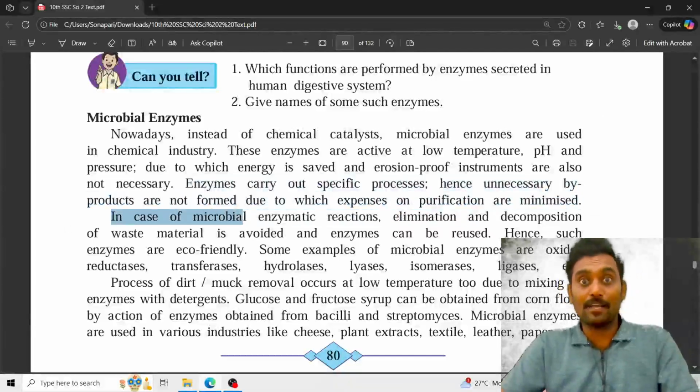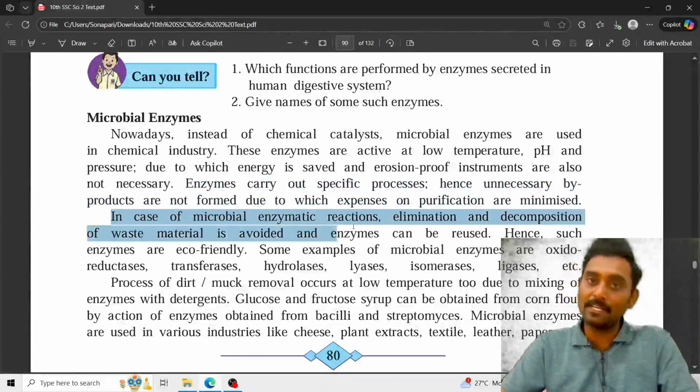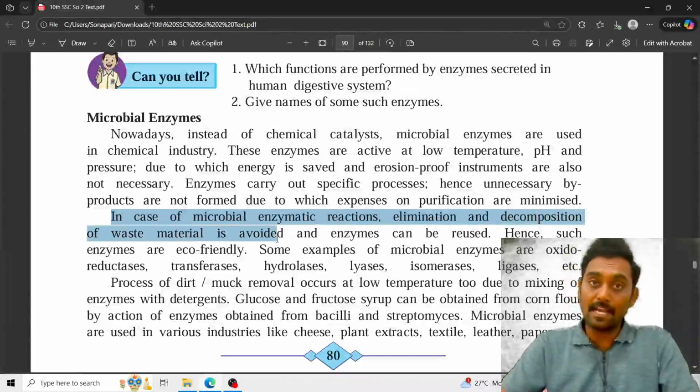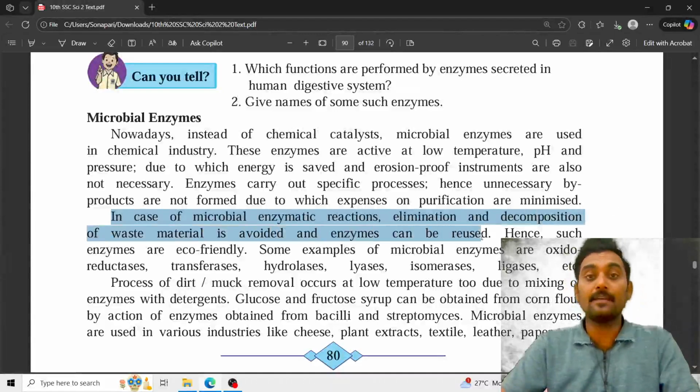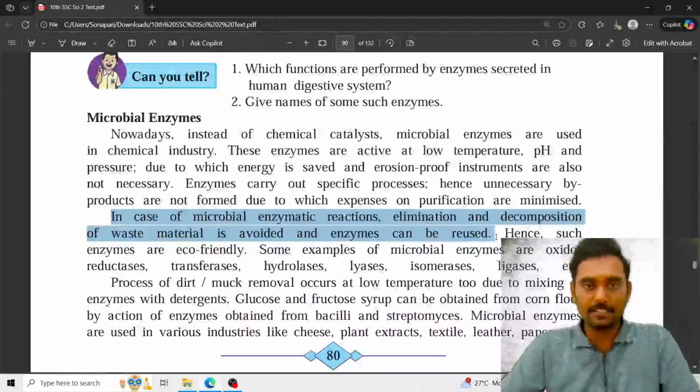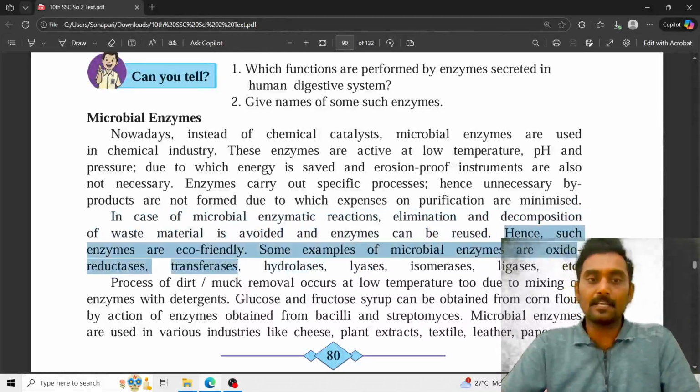In the case of microbial enzymatic reactions, elimination and decomposition of waste material is avoided and enzymes can be reused again and again. Okay, so it is a very important point, beta, keep in your mind. Hence, such enzymes are eco-friendly.